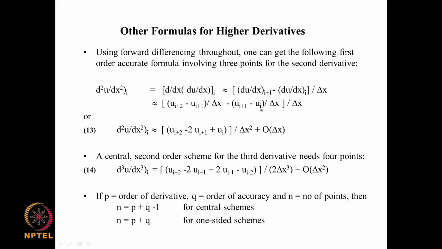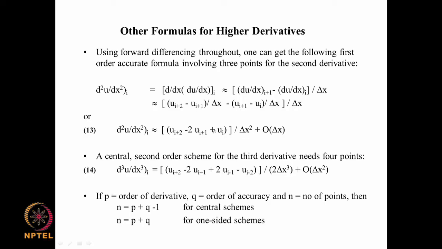So, the difference between this and this is that this is being evaluated at i+1, therefore, we substitute for i here as i+1. So, i+1 gives us i+2 and i+1 here. So, this whole thing divided by Δx², and when you simplify this you get a different approximation. d²u/dx² at i is given as (u_{i+2} - 2u_{i+1} + u_i) divided by Δx².